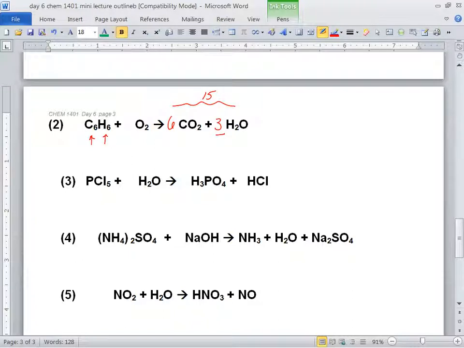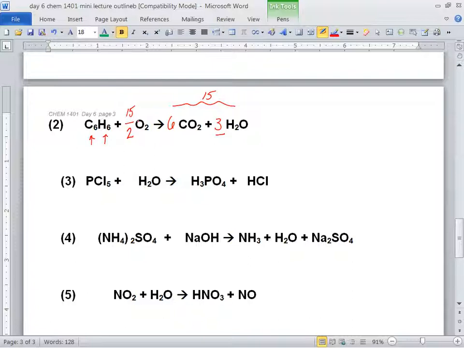So you do that, but you kind of cheat. 15 all over 2. Right? You can do that, because 15 over 2 times 2 is 15. It's balanced. So for the rest of the semester, this will give you the right ratios.